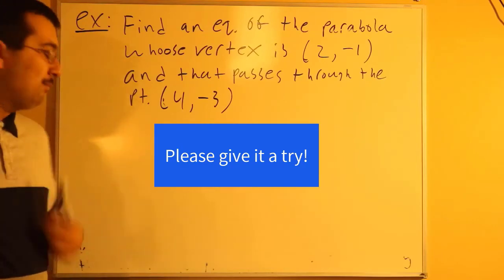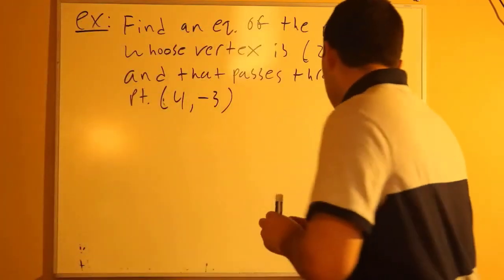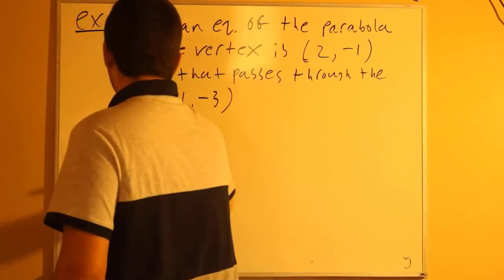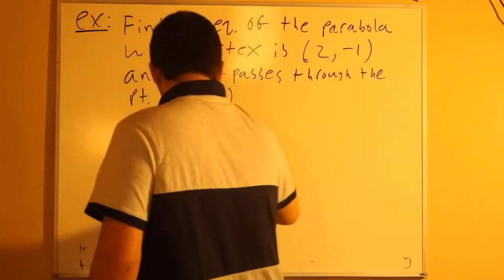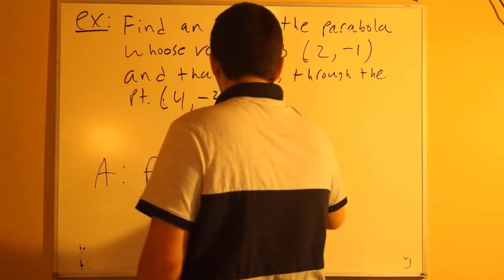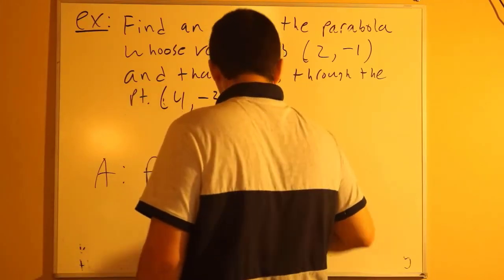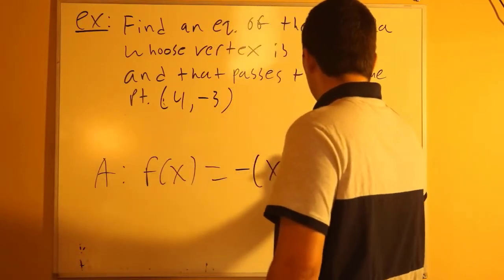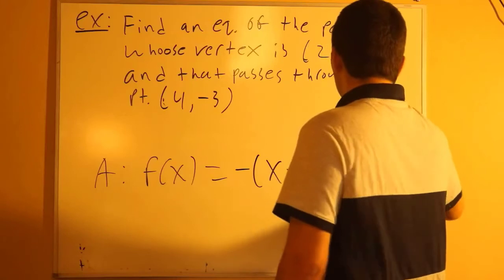Okay, so what did I get? Well, for this problem, I got the following equation. f of x equals minus (x minus 2) squared plus 1.